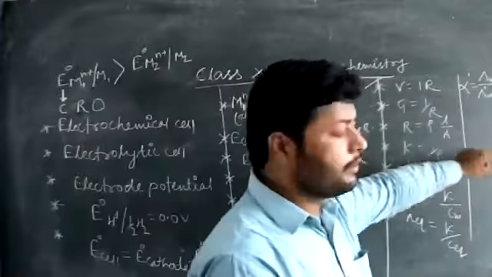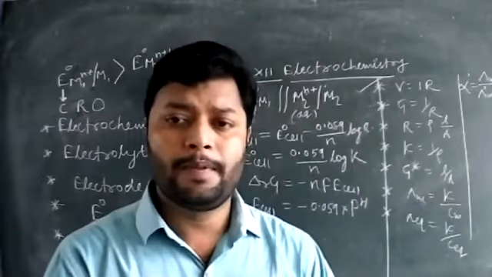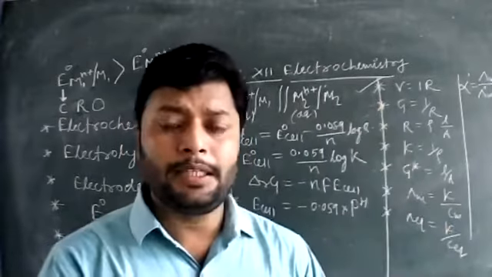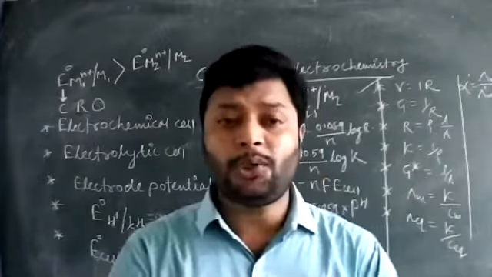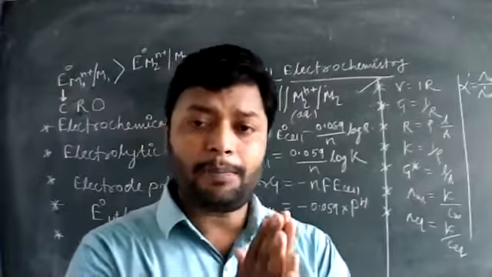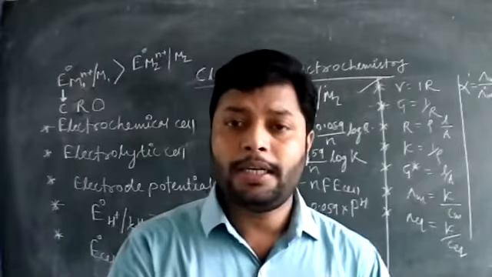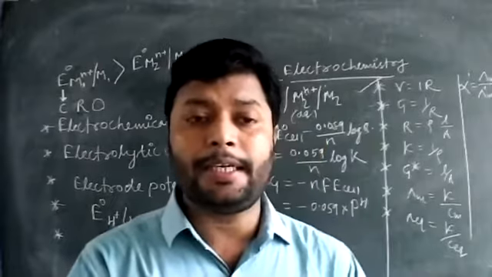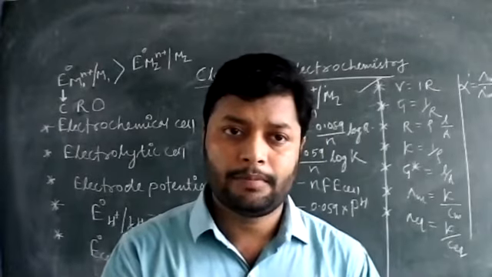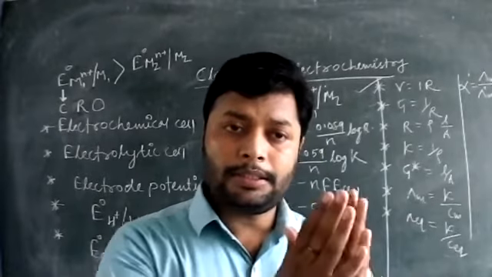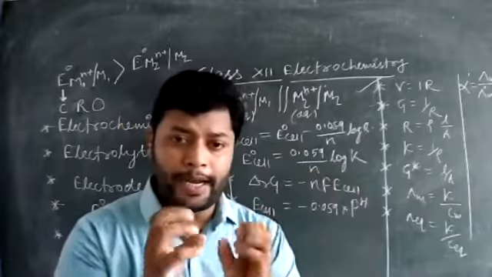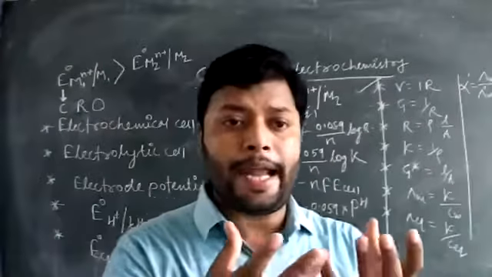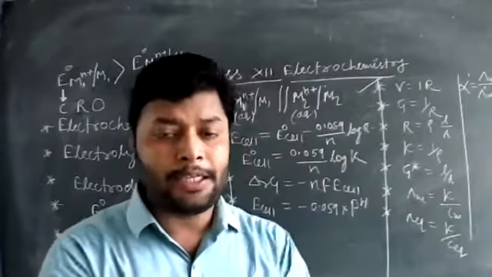I'm writing here alpha. The term alpha means extent of dissociation or extent of ionization, called degree of dissociation or degree of ionization. Class, every electrolyte has some tendency to be ionized to some extent in the solution.